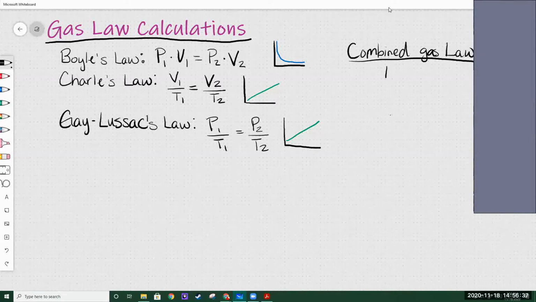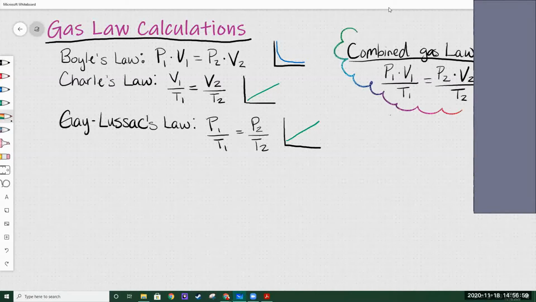And it is pressure 1 times volume 1 over temperature 1 is equal to pressure 2 times volume 2 over temperature 2. I am going to put sparkles and glitter all over it because it's so important. This is the one; you can forget the other ones, remember this one.